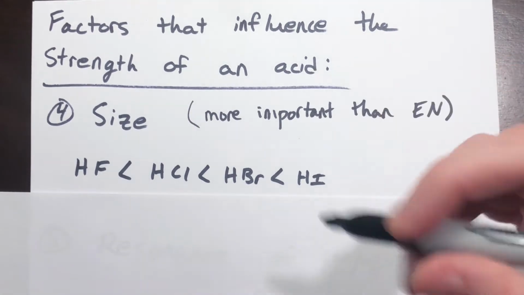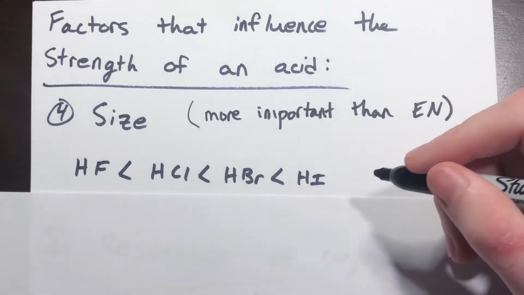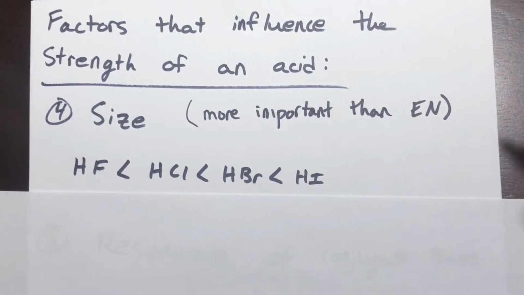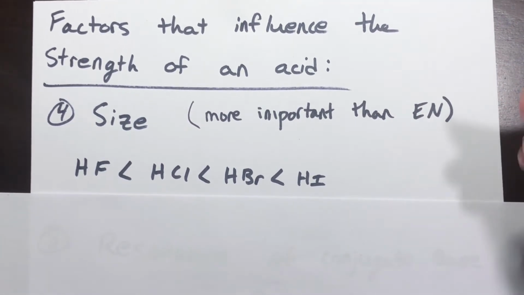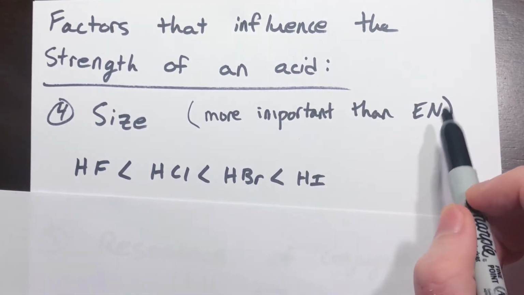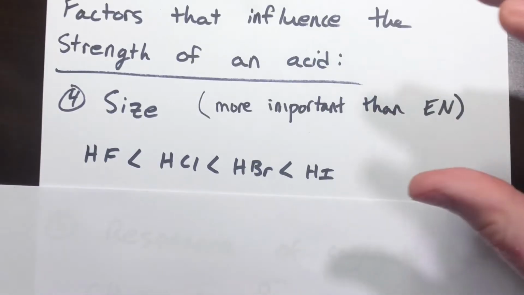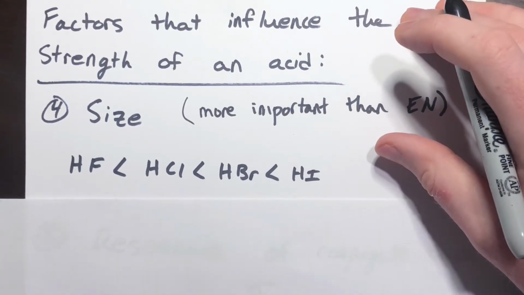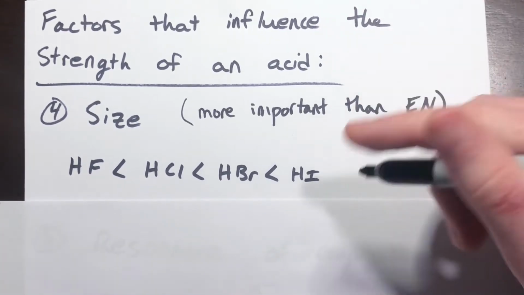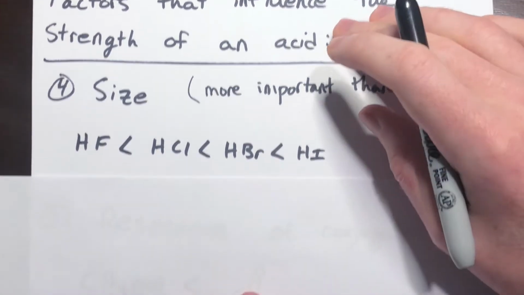You have to consider them all collectively to identify maybe one acid has more of these characteristics than another, but the big takeaway is that size usually wins over electronegativity. But again, I'm only saying usually because these rules aren't definite. There's always exceptions, but as a general rule, this will get you correct assessments more often than not.